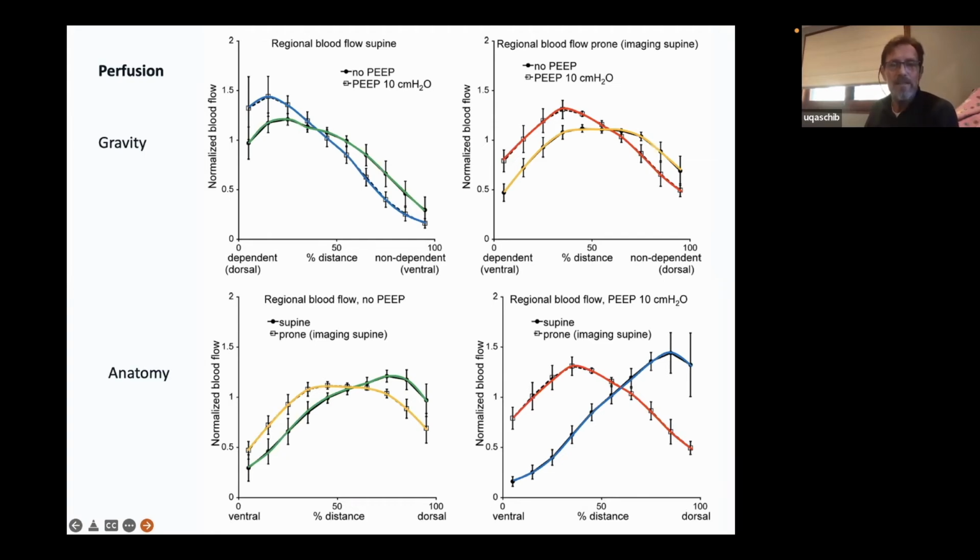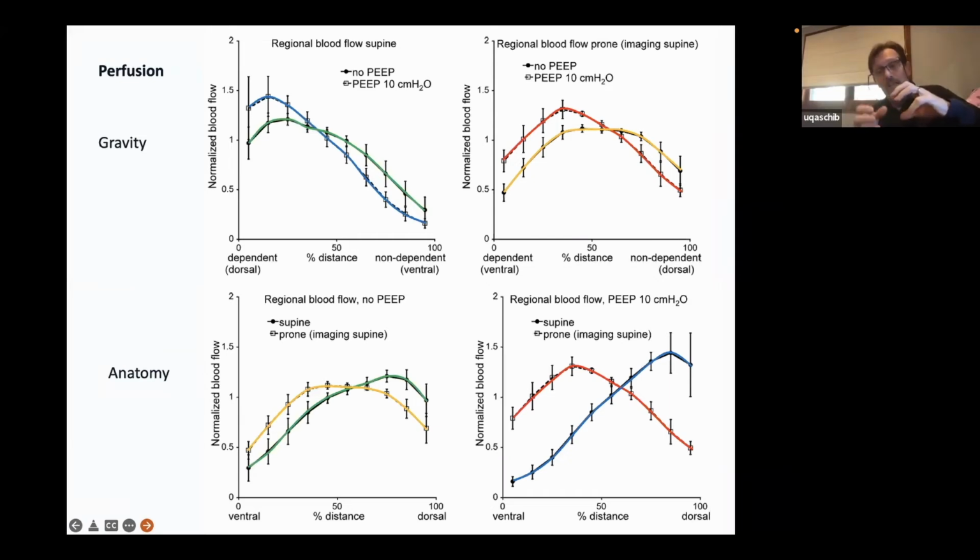The green line is zero PEEP. Most of the perfusion, as we described before, heavy blood, is more likely to go into the dependent lung, but it's not that gravity dependent. You can see PEEP all of a sudden opens up the dependent lung, and once we have opened up lung, we get better perfusion. The blue line shows a quite remarkable increase in perfusion into the dependent lung.